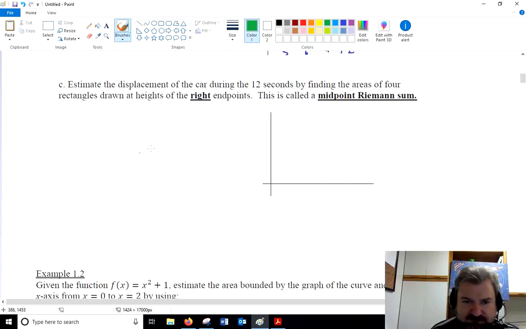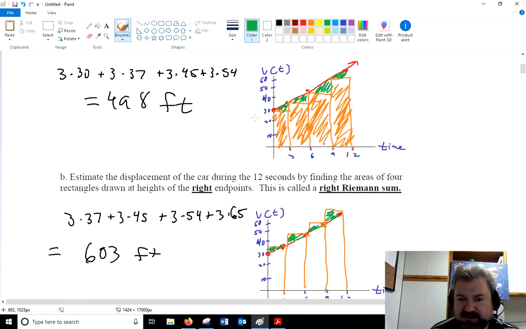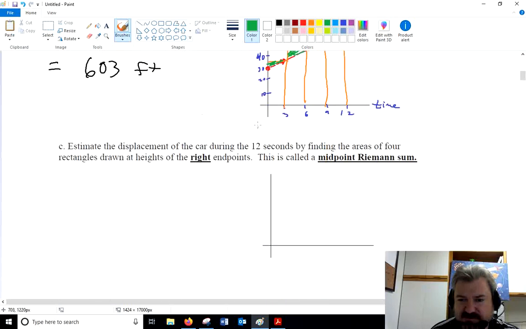All right, next let's try a midpoint Riemann sum. Oh, you know what? I said right endpoints here. I mean to say the midpoints. Okay, midpoints.